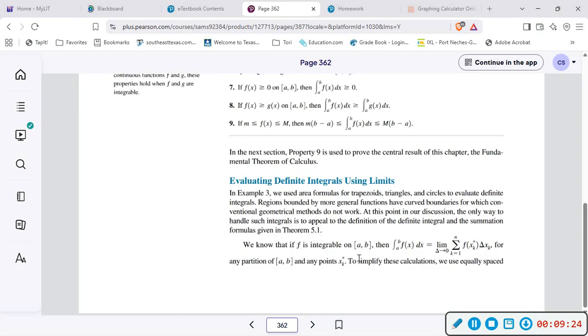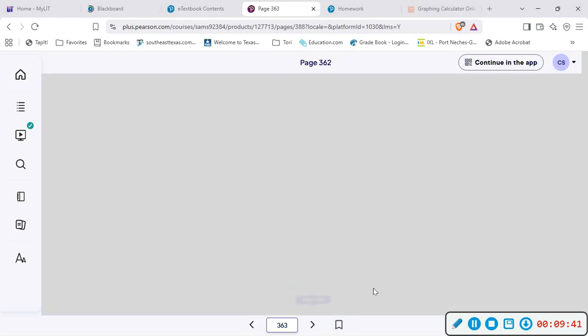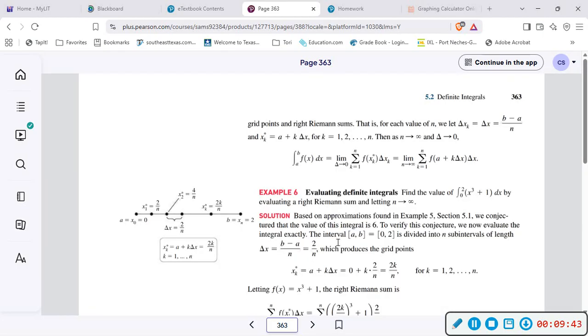And then here we are evaluating integrals using limits. So as the change in x goes to 0, as I make as many rectangles as I can and add them all up, the integral is equal to that. And so they show a few examples using definite integrals for evaluating.